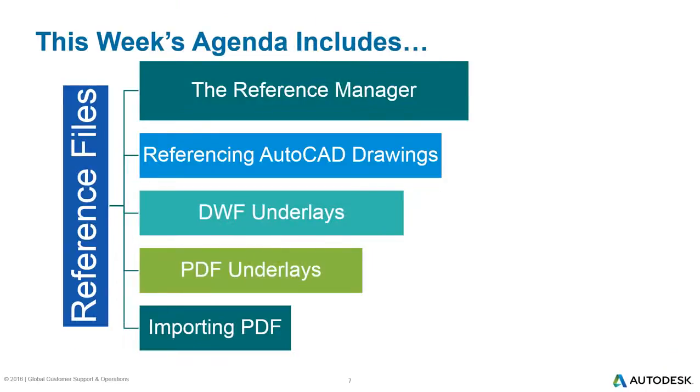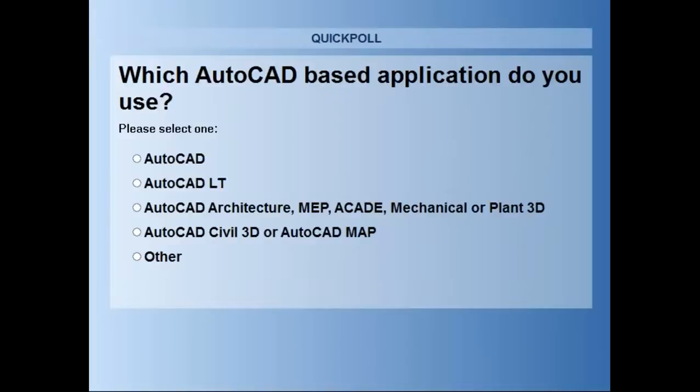Alrighty, I'm going to go ahead and get rid of that one because we do have a couple more here. And this is all valuable information for us. We started getting into webinars about our vertical products, so we always like to know what application you're working with. In this case, AutoCAD, AutoCAD LT, any of the verticals or other applications. By other, that could be Revit products, or it could be a third-party vendor.